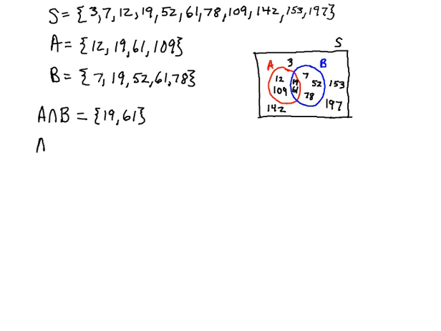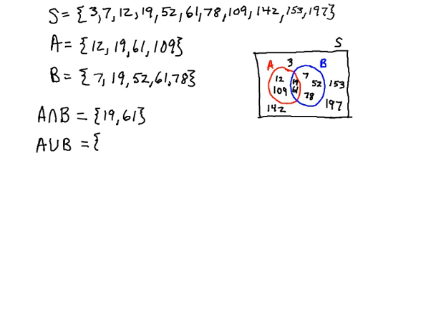Another way of combining sets is the union. The union, in this case A union B, is the set of values in A or B or both. So, what's that set of values?